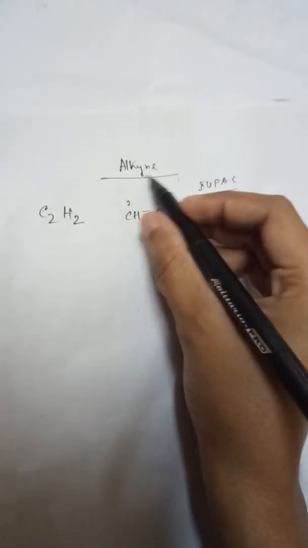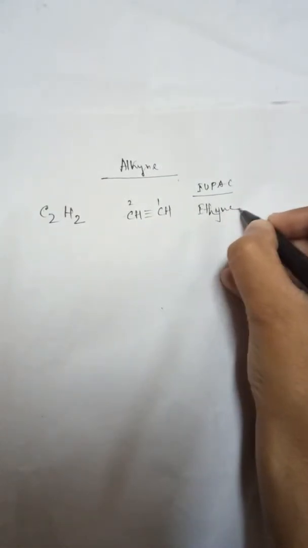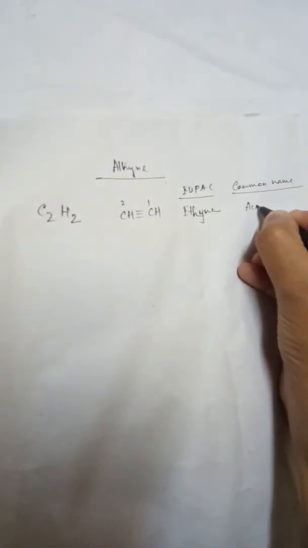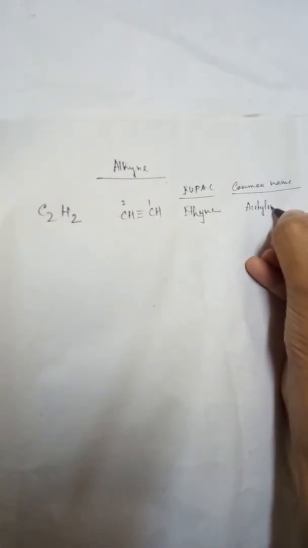Alkyne compounds, so suffix "-yne" will add with the root name, so the IUPAC name is ethyne. Now the common name. The common name of ethyne is acetylene.